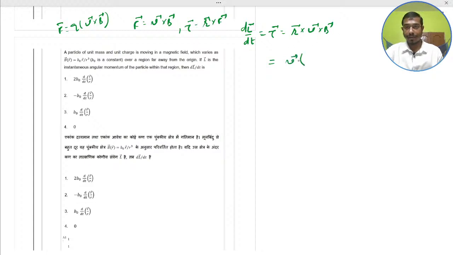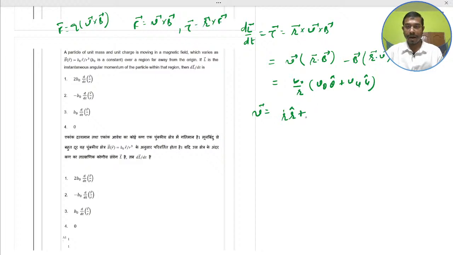That would be V times R dot B minus B times R dot V. So B is B naught by R, with V theta in the theta cap, V phi in the phi cap, and V is basically R dot R cap plus R theta dot theta cap plus R sin theta phi dot phi cap.